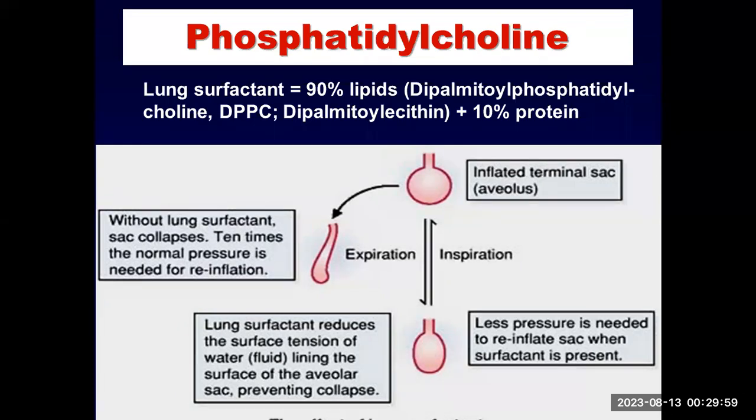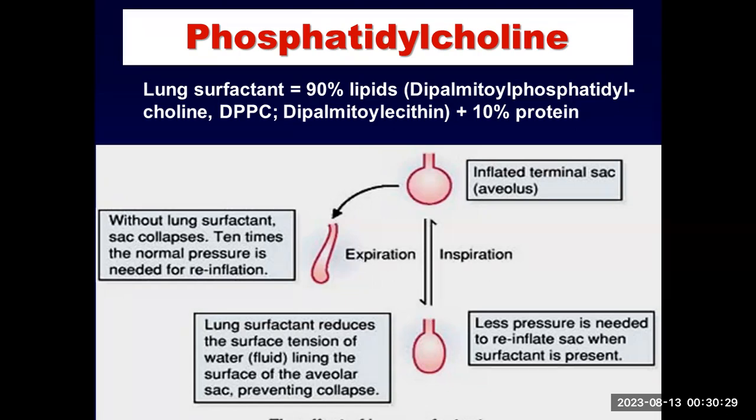So the surfactant is dipalmitoyl phosphatidylcholine along with 10% protein. Look right here. This is the inflated alveoli of the terminal sac. During inspiration it is inflated, and during expiration it is deflated.